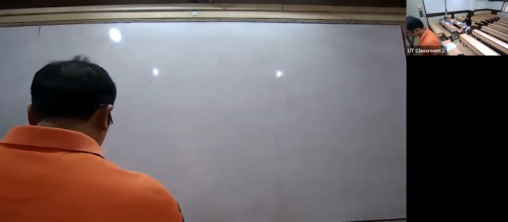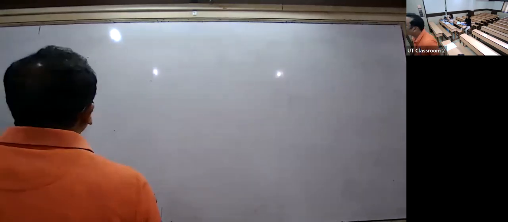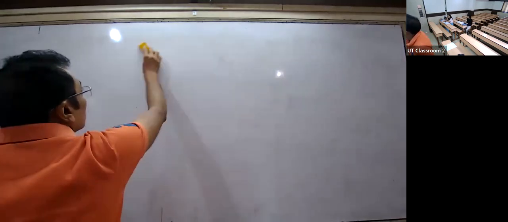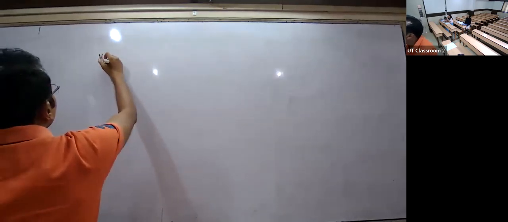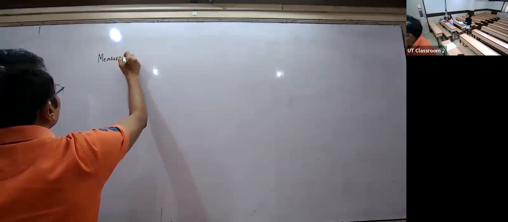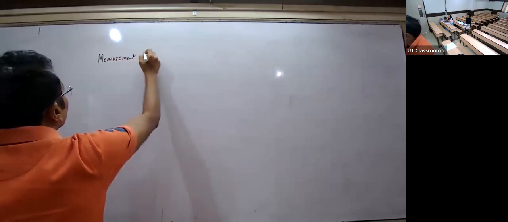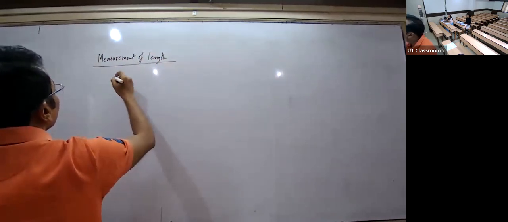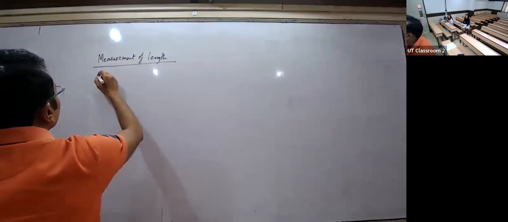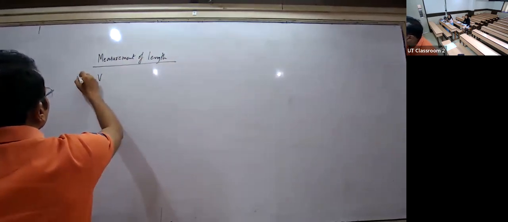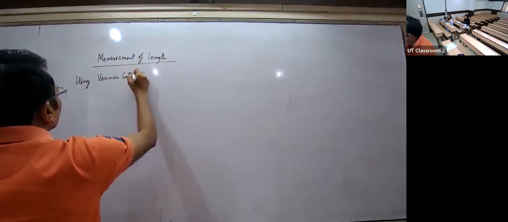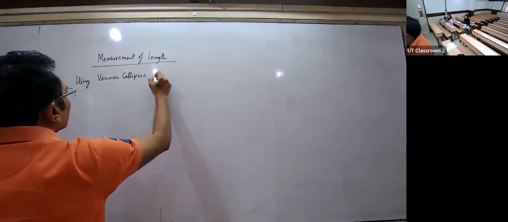Okay, so let's get started. In the last class I told you about how to take measurements, right? So, measurement of length basically, using two instruments: vernier calipers and screw gauge.